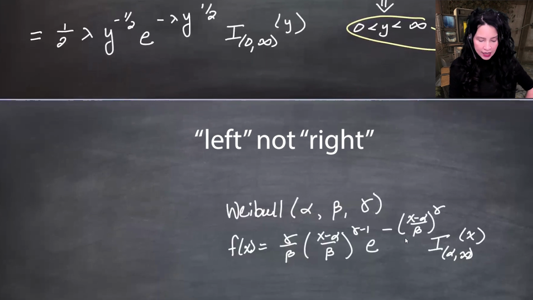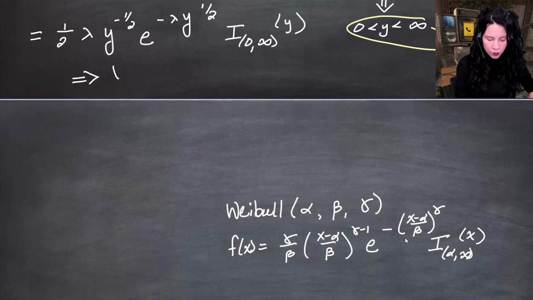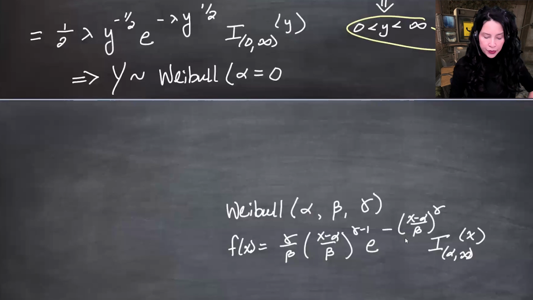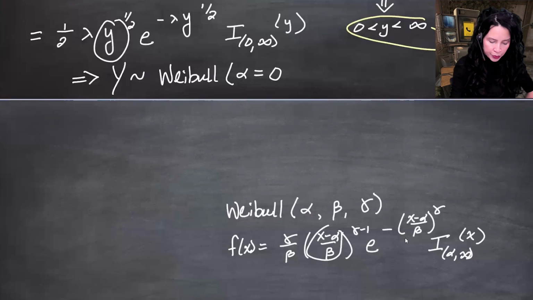So looking at the PDF at the top right of the screen right now and trying to match it to this, it appears that y has this Weibull distribution with, first of all, alpha equals 0. That will take care of our simpler looking things that we have in the Weibull distribution.